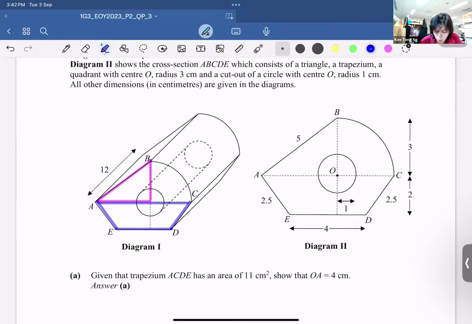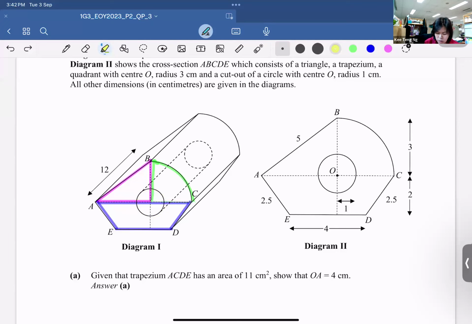And then a quadrant. What is a quadrant? A quadrant is 1/4 of a circle. And not only that, they cut out a circle of radius. There are too many parts to it already, so I'm going to just draw these three portions first.